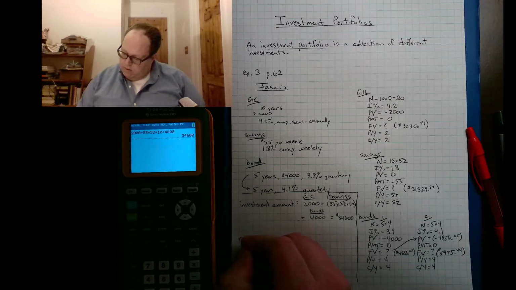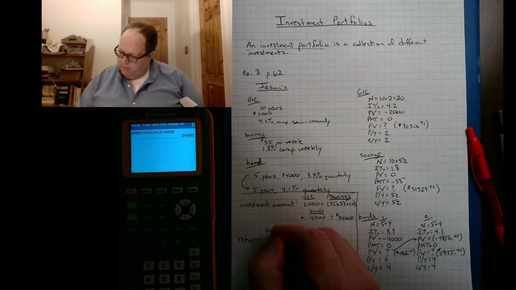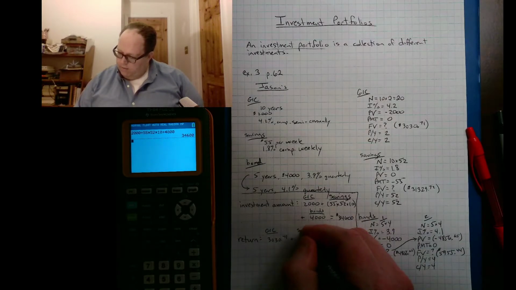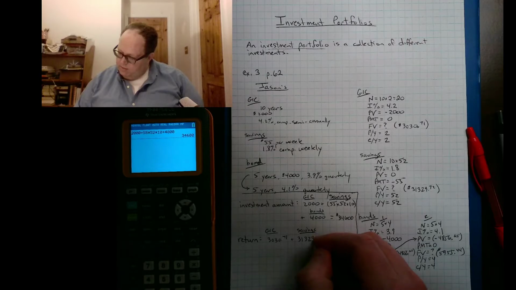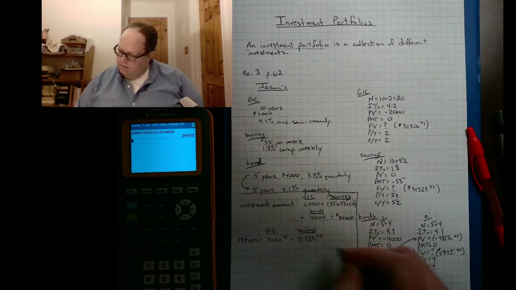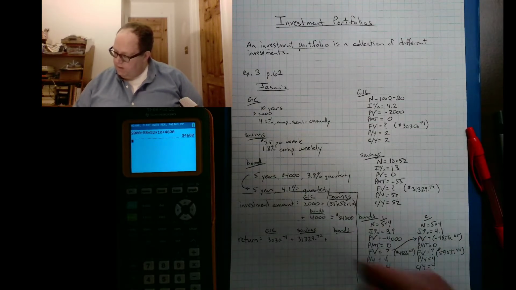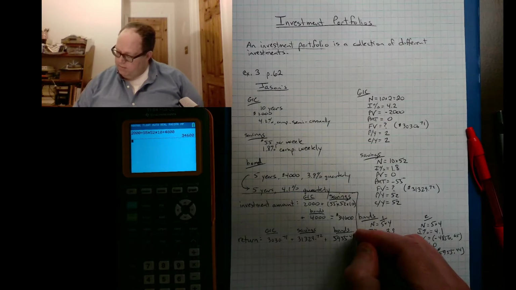So his return was, from the GIC, $3,030.71. From the savings, $31,329.72, and from the bonds, $5,955.44.